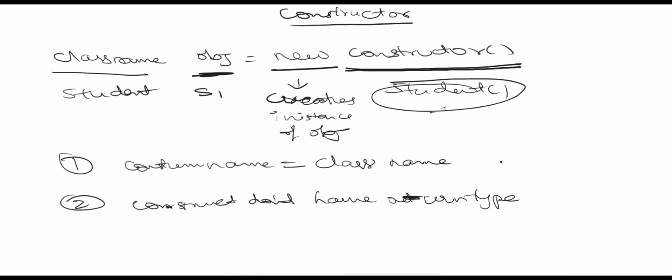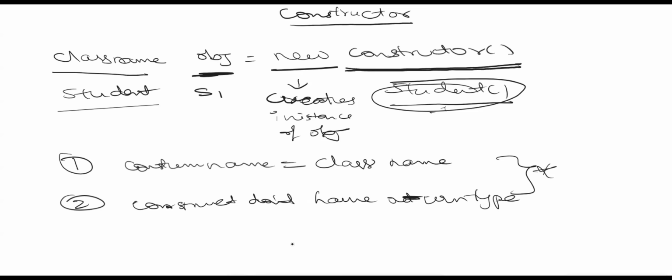These are the two main points. Here we have written Student, and the class name is also Student, so the constructor name must be equal to the class name and the constructor doesn't have any return type.